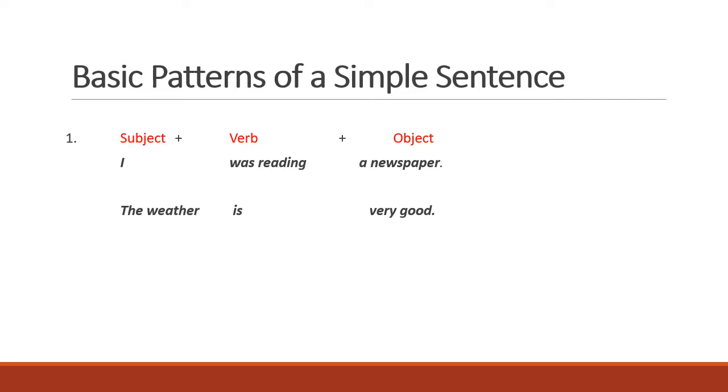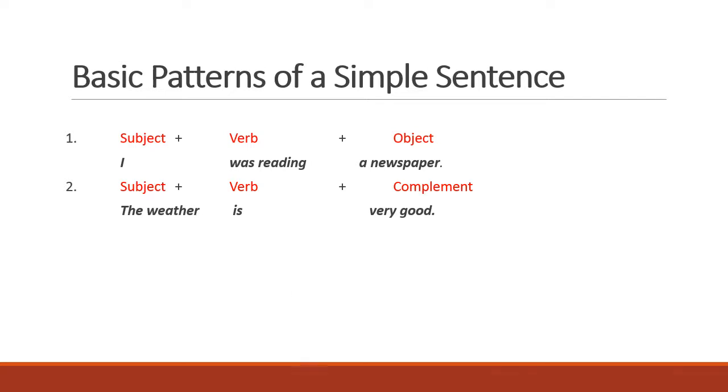The weather is very good. Here we have a subject, then a verb, and we don't have an object, but we have a complement. A complement is a group of words which actually describes the subject, which completes the sentence. So you don't necessarily have an object here, but a phrase which describes the subject.